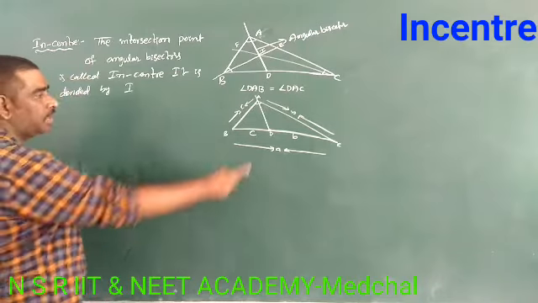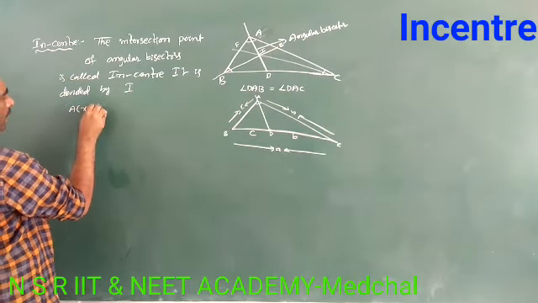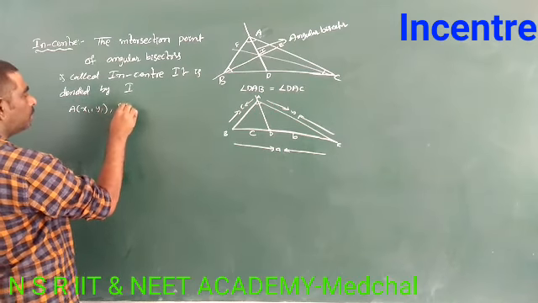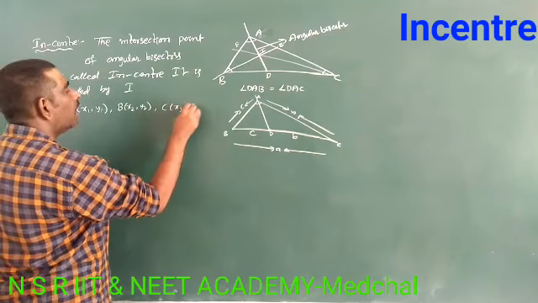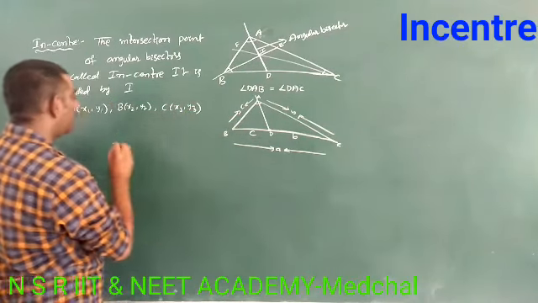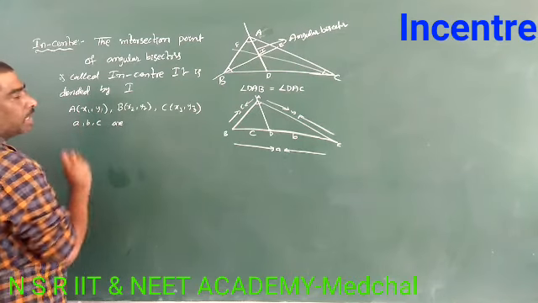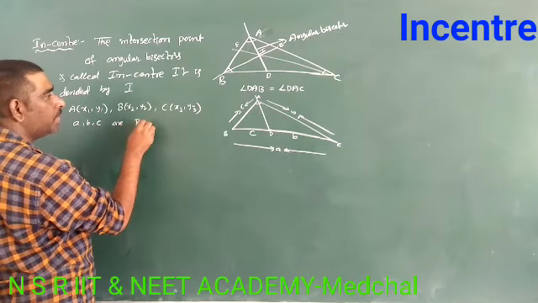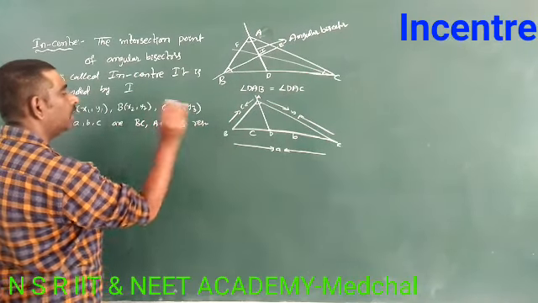So this is the incenter. For example, suppose A(x1, y1), B(x2, y2) and C(x3, y3) are the vertices of a triangle, and small a, b, c are the lengths of sides BC, AC, AB respectively.